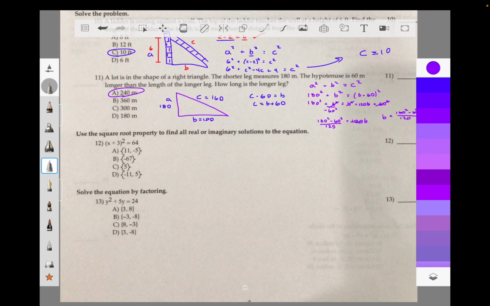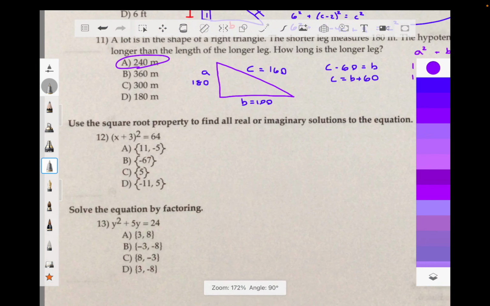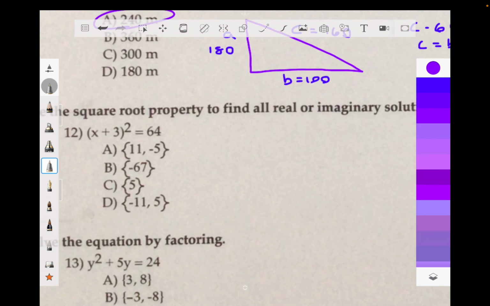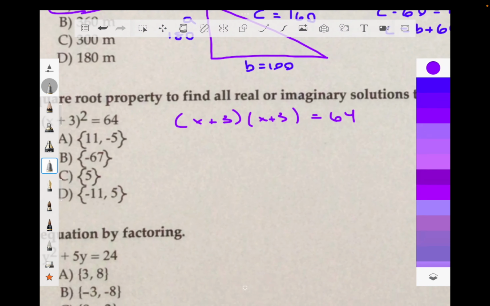Use the square root property to find all real or imaginary solutions for the equation. This one you could solve either by doing x plus 3 squared equals 64. Distribute that out, that becomes x squared plus 6x plus 9 equals 64. X squared plus 6x plus 9 minus 64 equals 0.